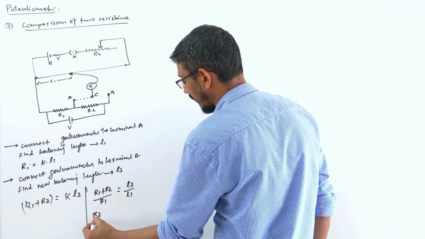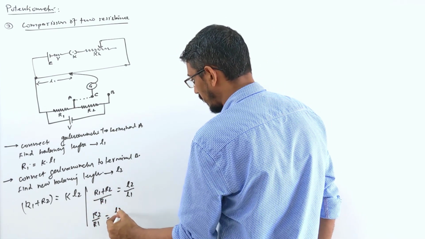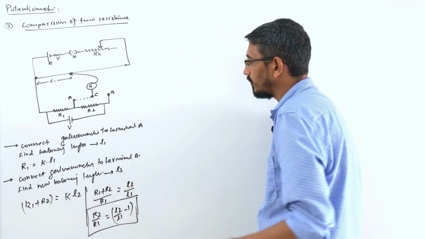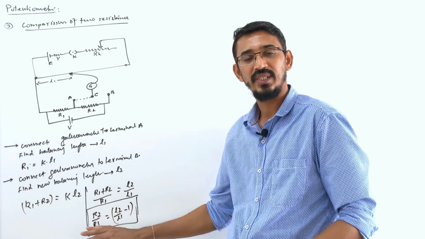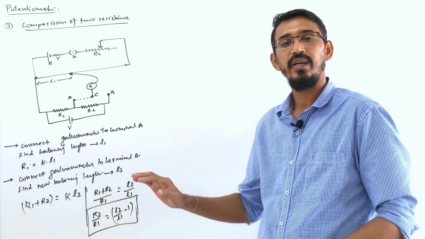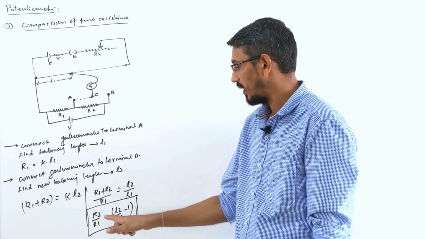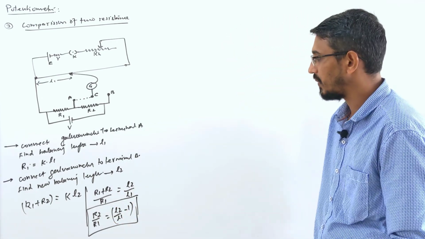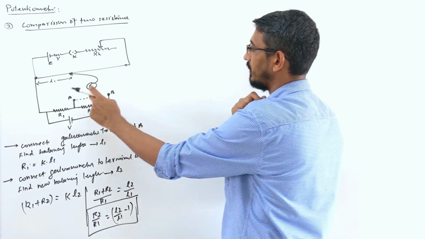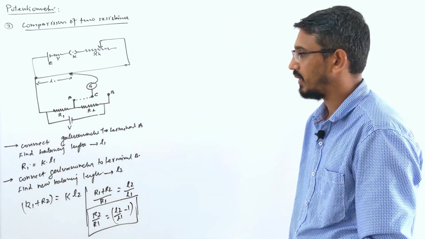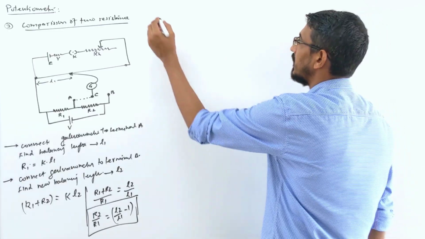So you get R2 by R1 is equal to L2 by L1 minus 1. That's your answer. So here you can compare the two resistances, or if one resistance is known to you, you can find the second unknown resistance by writing this relation. So it's simple. One by one, initially only R1 connected, in the second case R1 and R2 both are connected. Okay, let's see one more use.